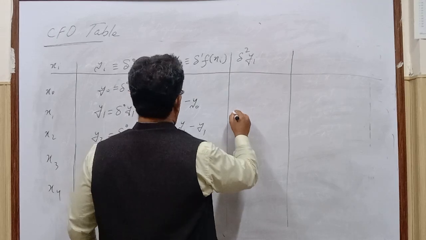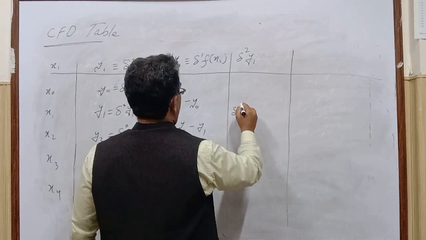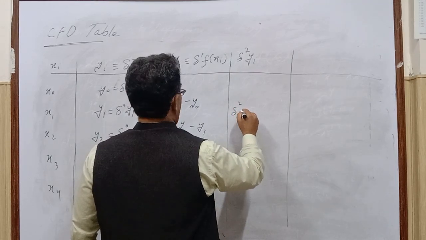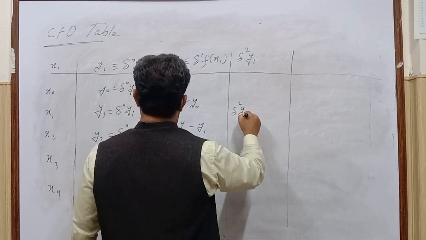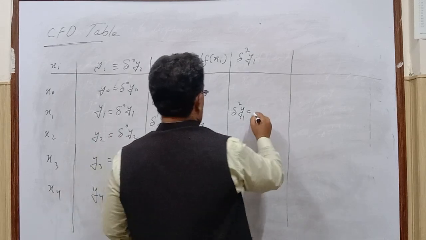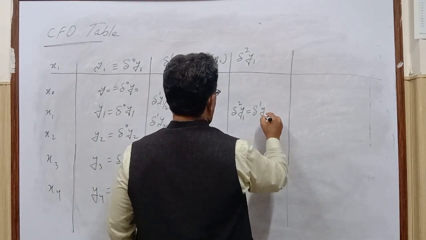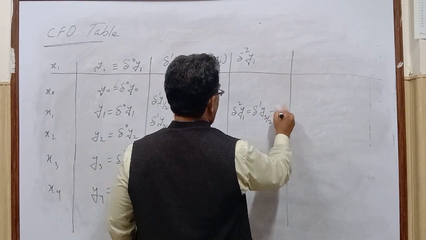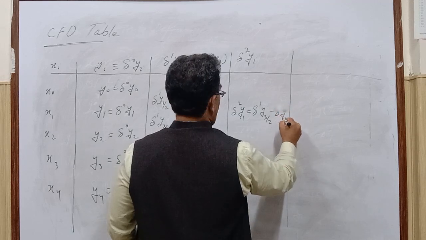So over here we will write delta 2 y1 is equal to delta 1 y 3 by 2 minus delta 1 y 1 by 2.